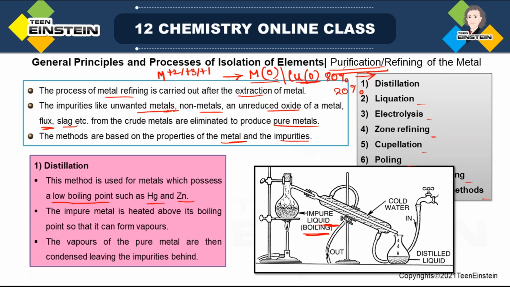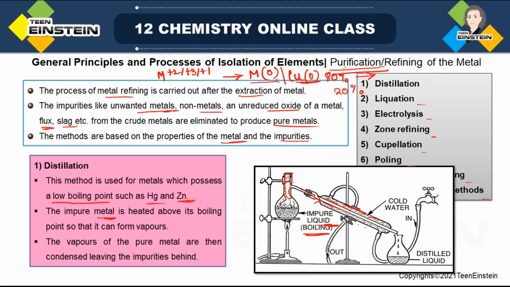Fine. The impure metal, suppose it is zinc, you have taken this liquid zinc which is impure, you are boiling it. Now there will be vapors of zinc. Now this vapor, as here it is a closed condition, it will move through this. And here, see, there is a tube which is separated from this outer wall. This is the inner wall, this is the outer wall. So cold water is supplied.